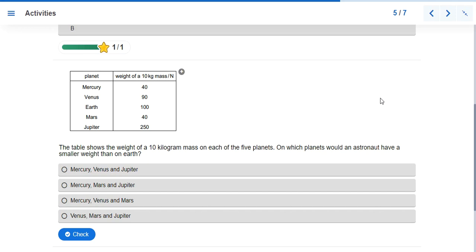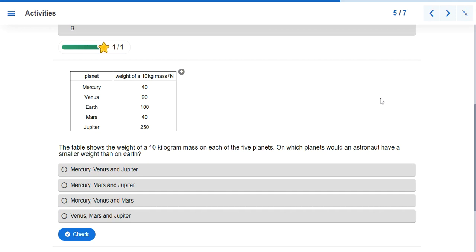Now, what we do here is to look critically at the respective weights that we have, in the sense that the gravity of these planets will have been considered. Then we can pick the ones that are smaller than that of the Earth.